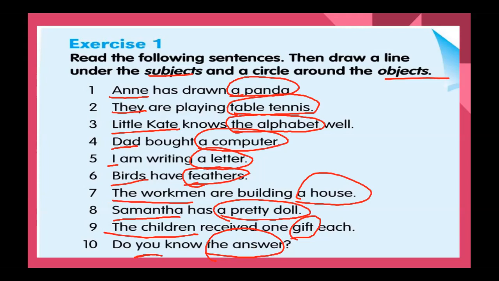Subject and the object. A house, the house. So that also will be considered. And here, हम सिर्फ doll को consider कर रहे हैं. So pretty उसके साथ आया है. That's why we are taking that also. But here subject is only doll over here. Is this clear? Yes. Have you understood?